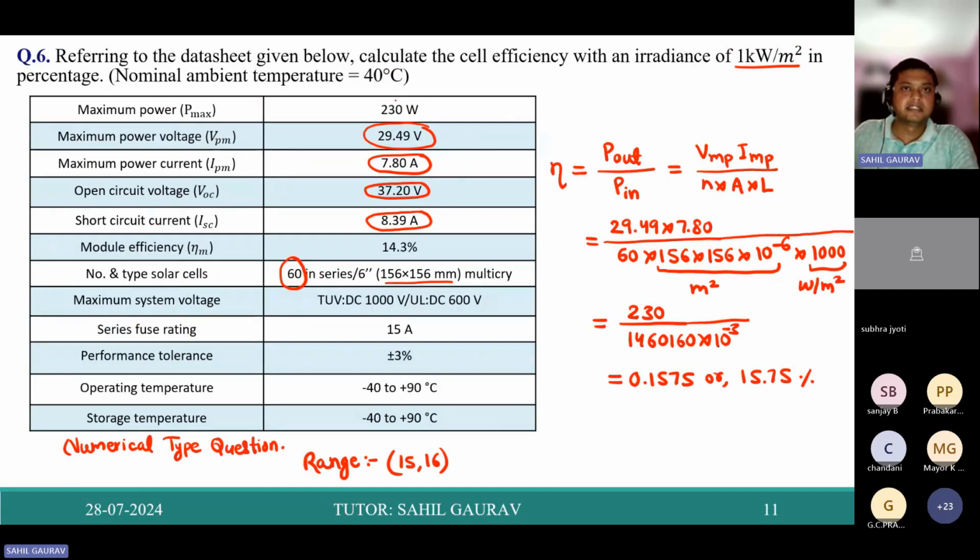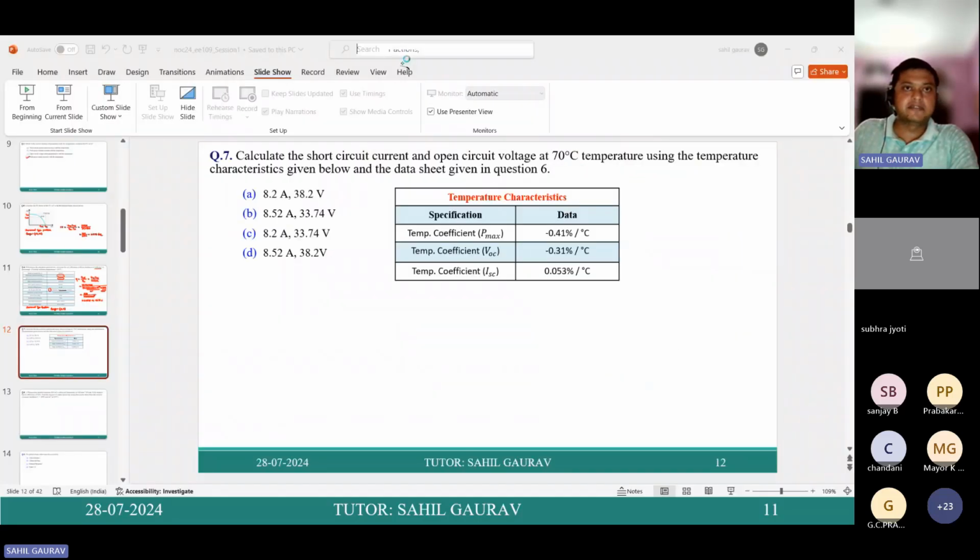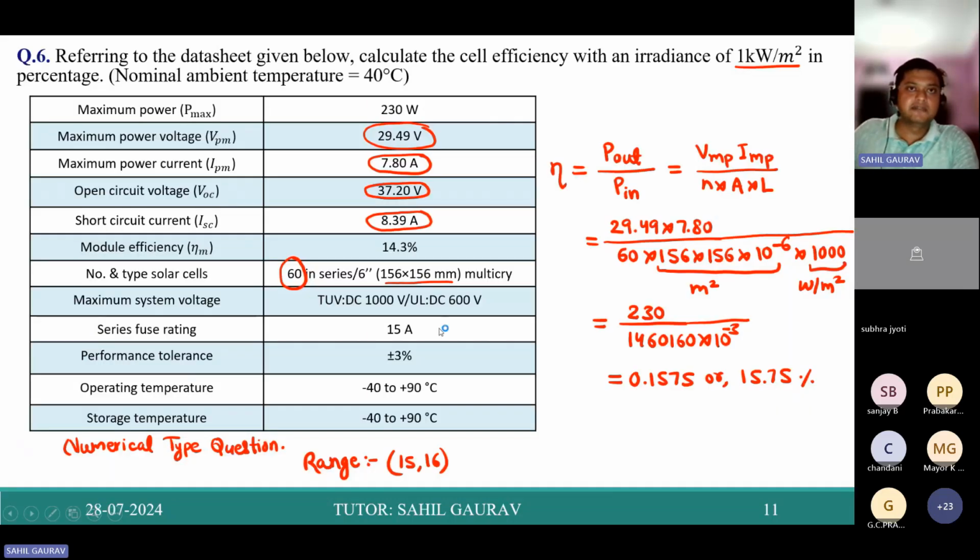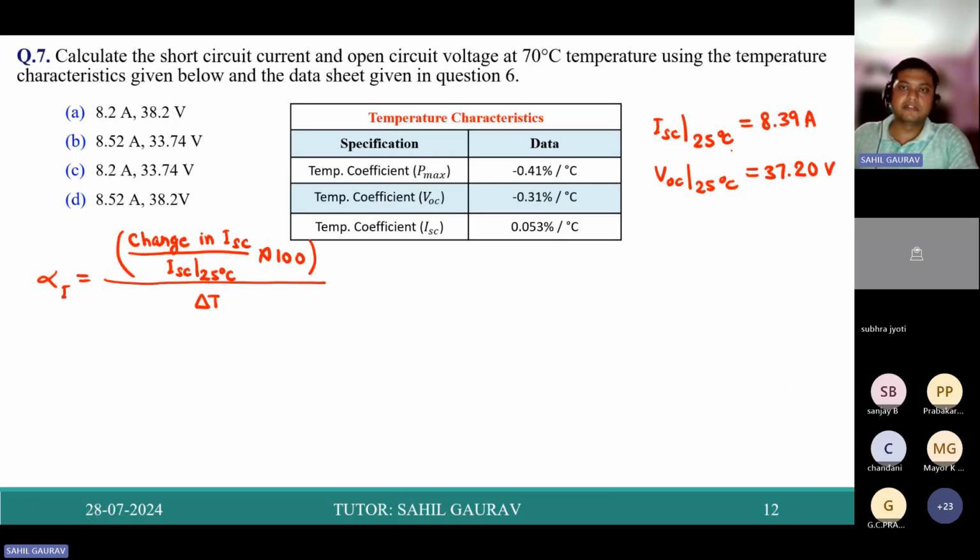One mistake here. The ambient temperature is given as 40 degrees Celsius, not 25. Generally we consider 25 degrees Celsius if nothing is given, but in the problem it is specified as 40 degrees Celsius. So here you have to consider 40 degrees.